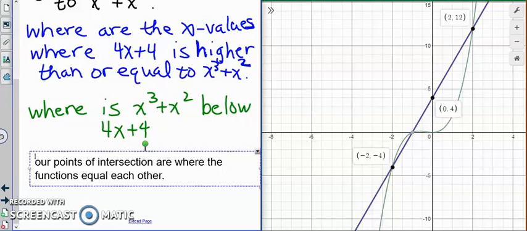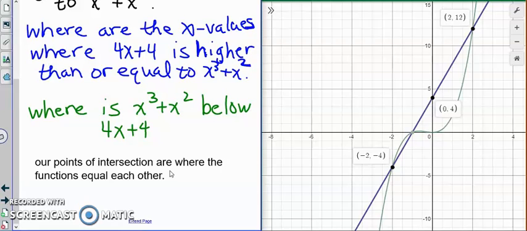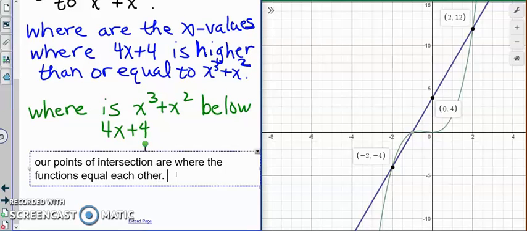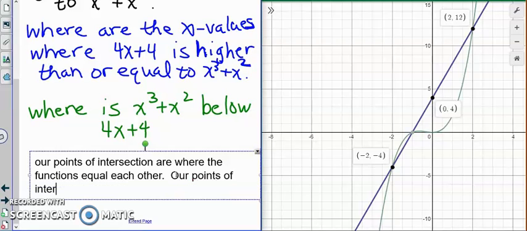So here, our points of intersection are: we have -2, -4. So we know that point. We have the point, oops, we didn't do the right point there.